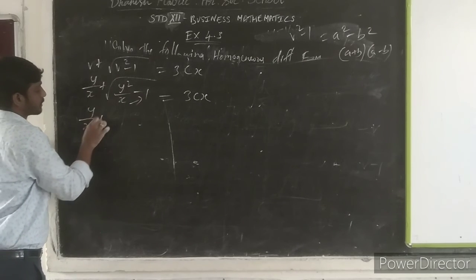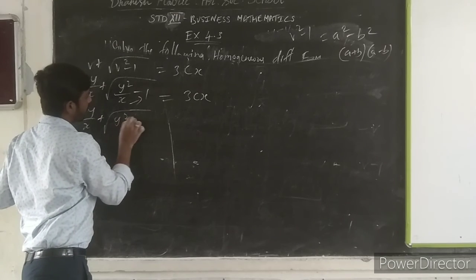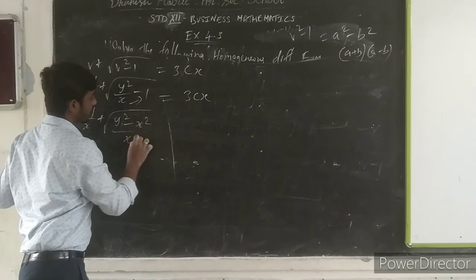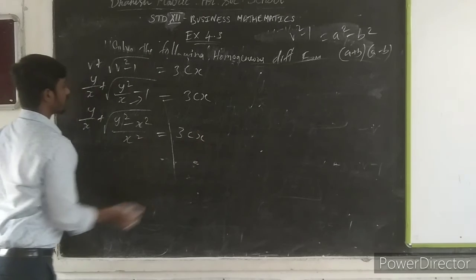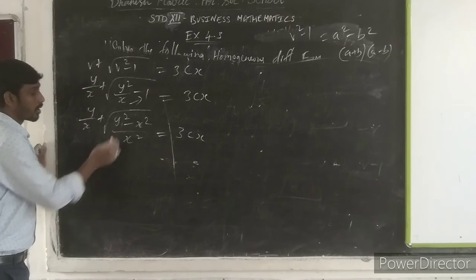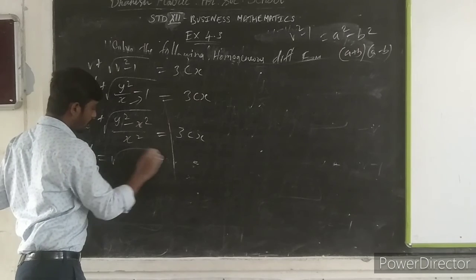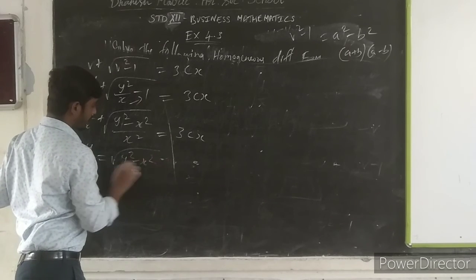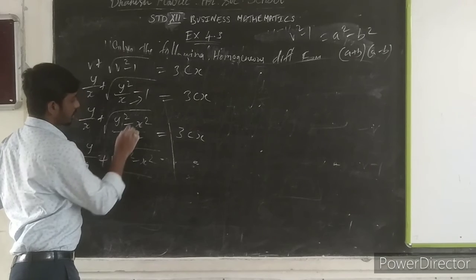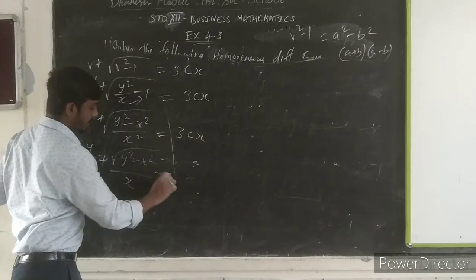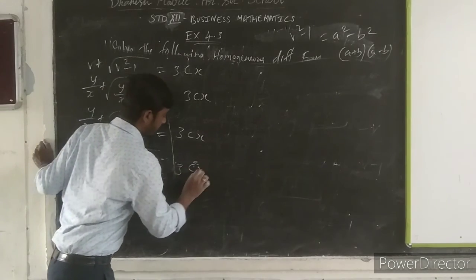Y divided by x plus root of y square minus x square divided by x square equal to 3cx. Taking the root for numerator and denominator, y divided by x, root of y square minus x square divided by this root, and x cancels, leaving x here, 3cx here.